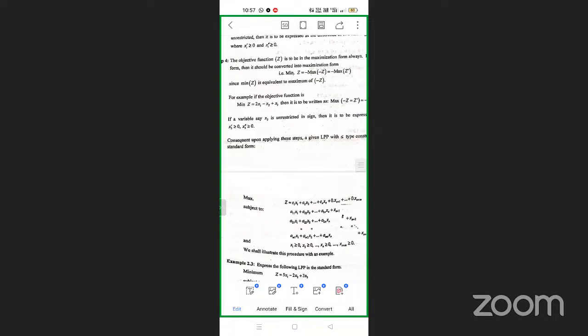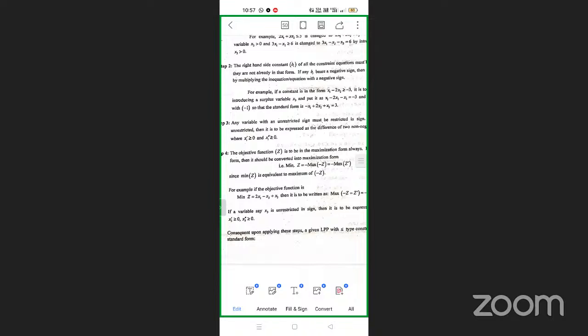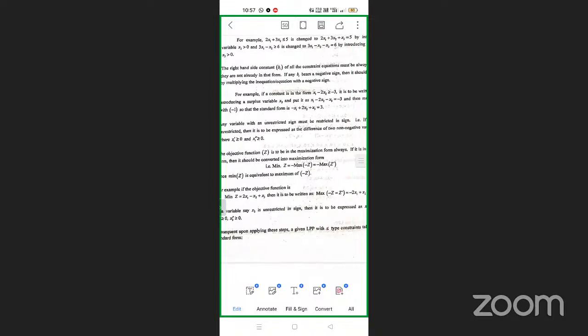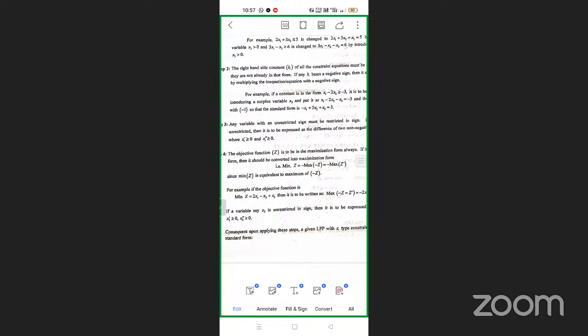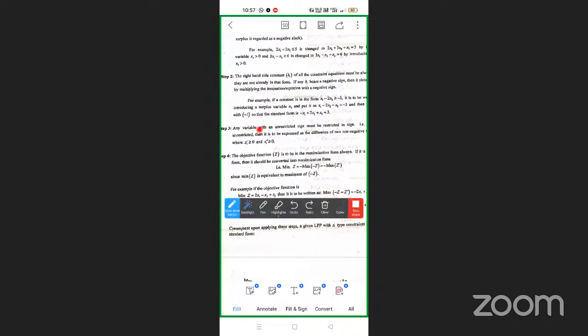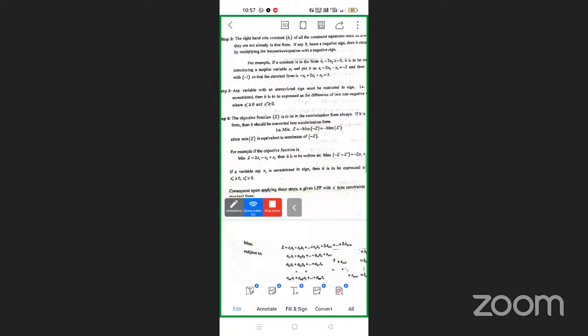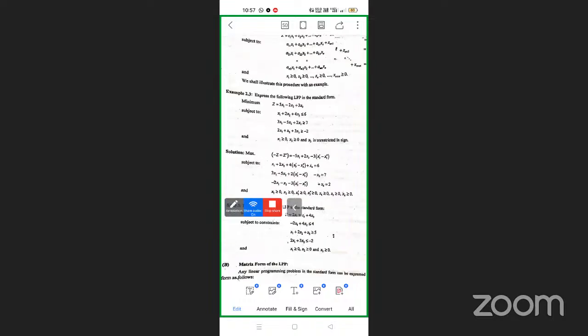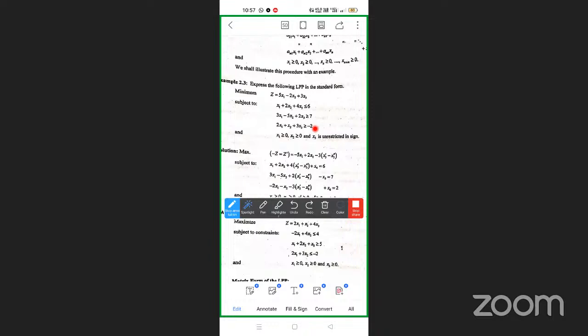So another case is there, unrestricted sign, where any variable is unrestricted. Express the following LPP into standard form. Here minimization is there, so we can convert minimization to maximization.